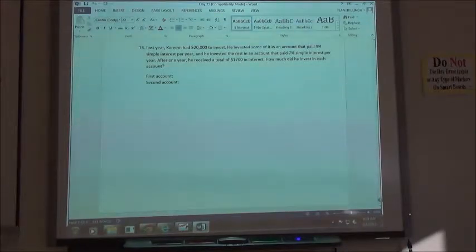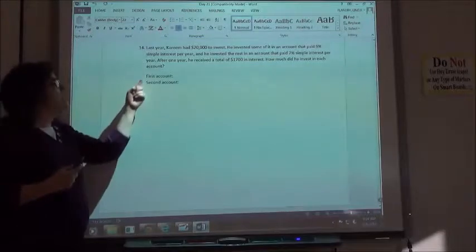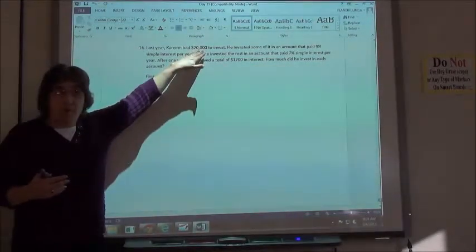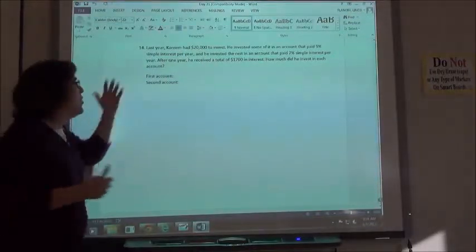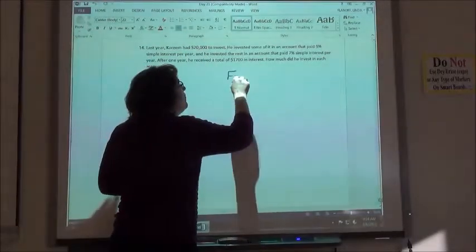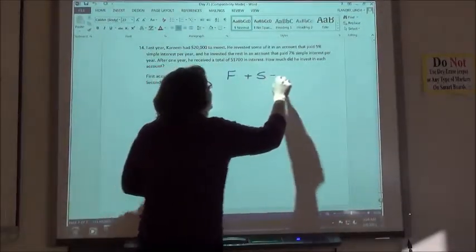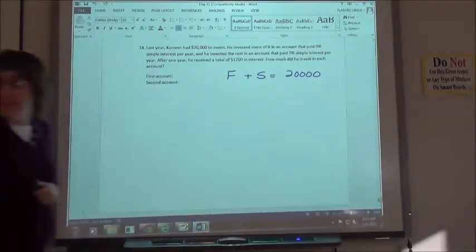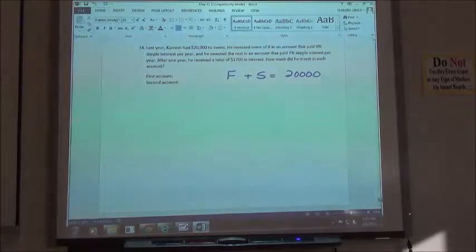These are going to be more like those first ones we did. We're looking for how much he put in each account. We have the total of what he put in his two accounts, so we're going to say what we have in the first plus what we have in the second is equal to the 20,000 we had to invest. Instead of them telling you one was $1,000 higher or lower, they gave us the total that he had.